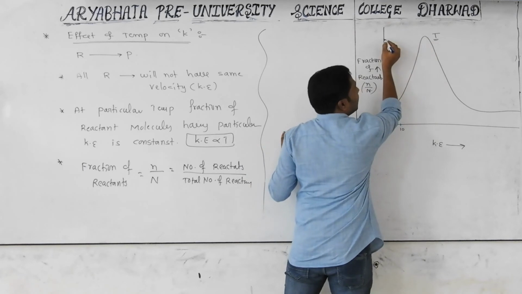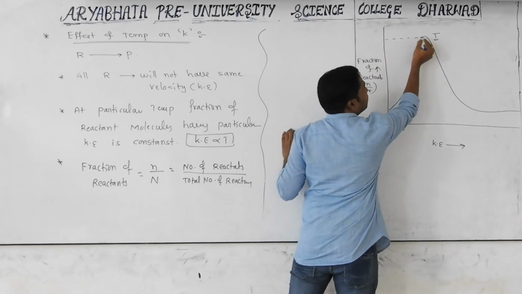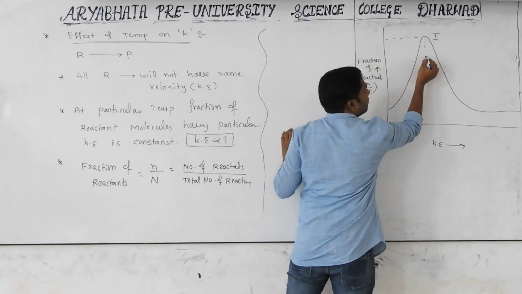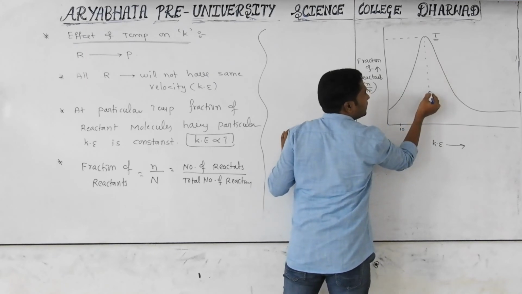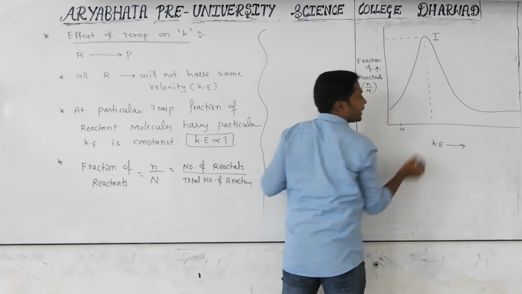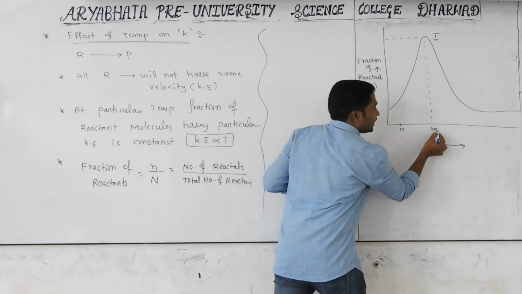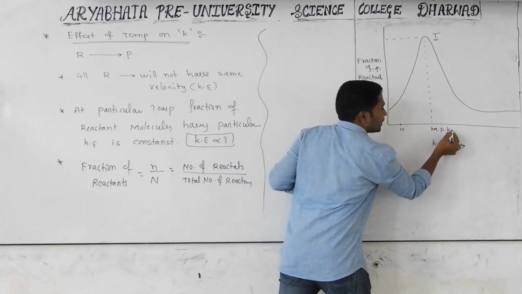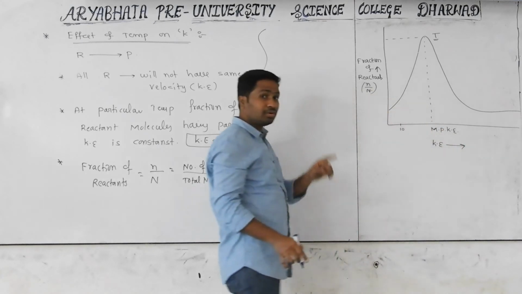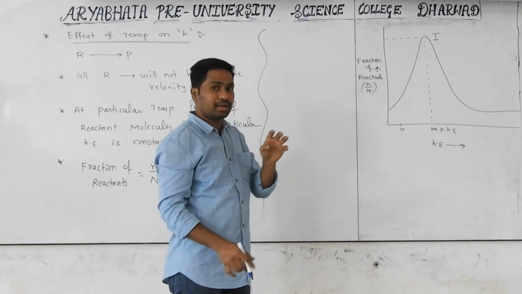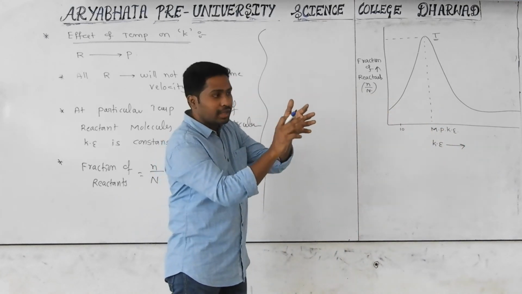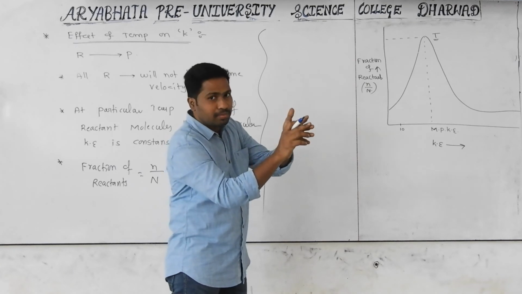This is the maximum number of molecules having a particular kinetic energy, which is specially called, anybody? Most probable kinetic energy. Do you remember, in first year we learned three types of velocities: RMS velocity, average velocity, most probable velocity.